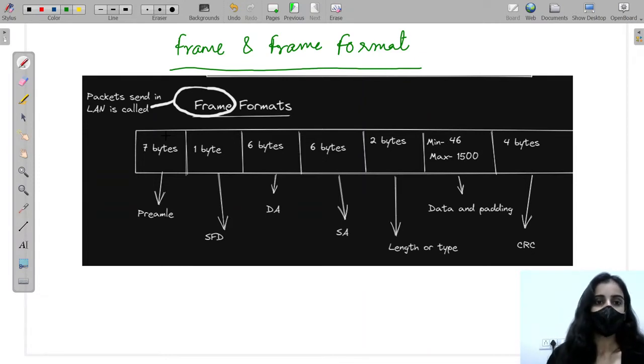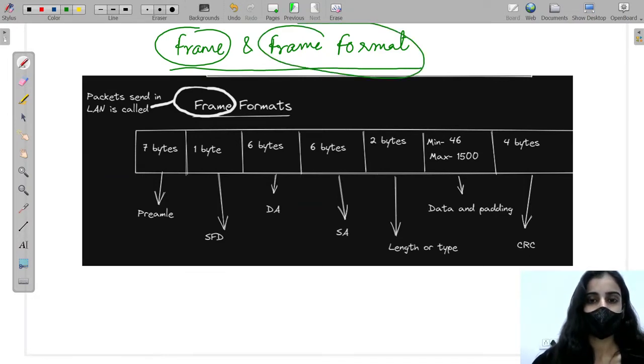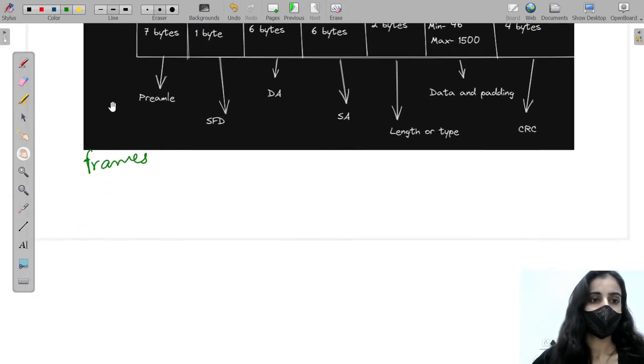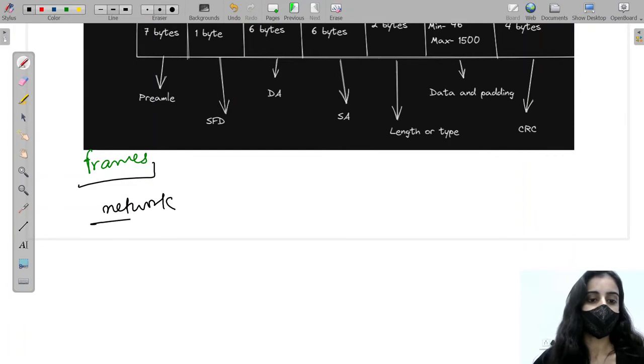Now moving on, our next topic is frame and frame format. So what exactly are frames? There is a network that we have created. The use of network is to send data.